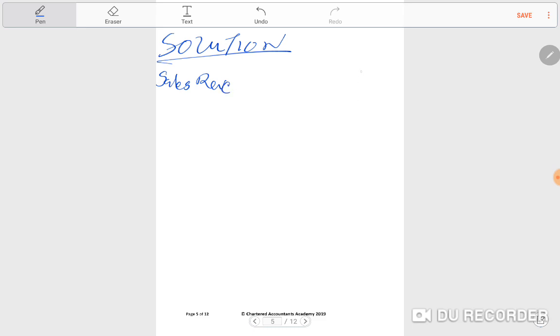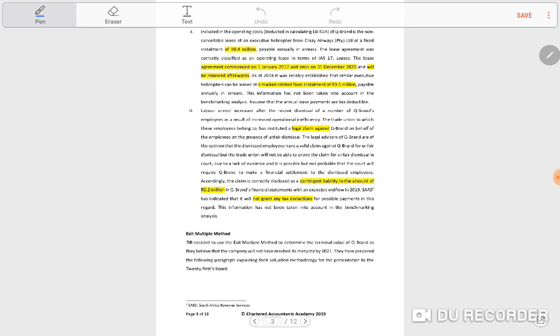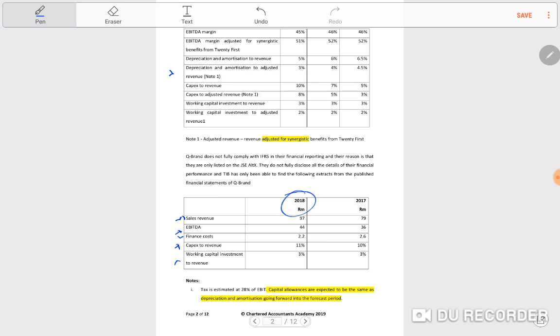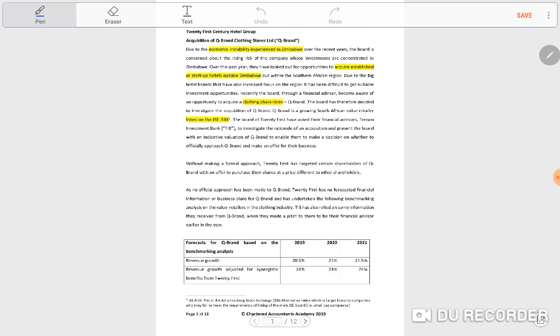For which years? We're given forecast information as from, let's just see. So our base year is 2018, and then the forecast information was relating to 2019, 2020, and 2021.